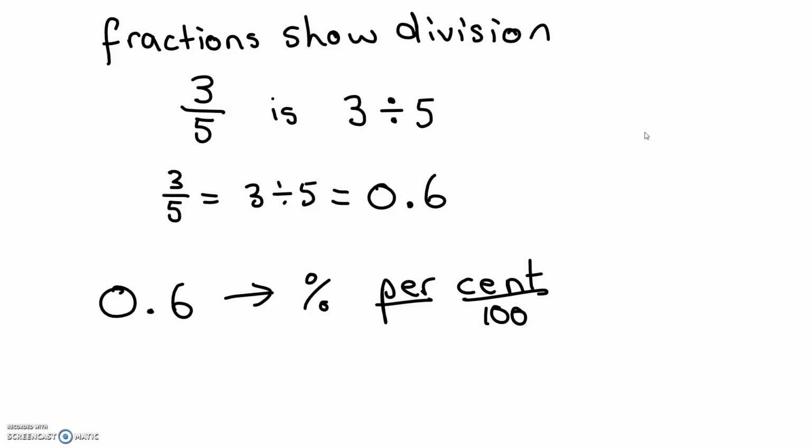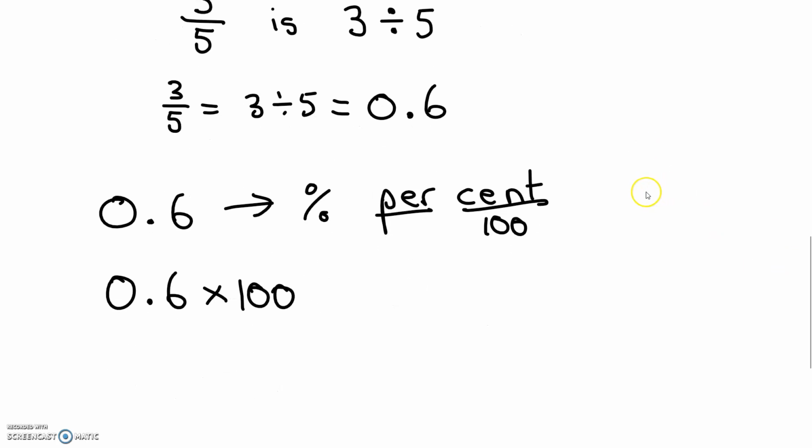Okay, so if we want to go from the decimal to a percentage, we're going to multiply by 100. So 0.6 times 100. Here's our trick for timesing by 100. We're going to move our decimal place 2 times across. So we're going to go 0.6 and I'm going to go 1, 2. And that would become 60%. So we fill this gap with that 0.